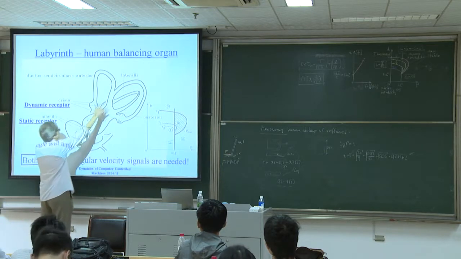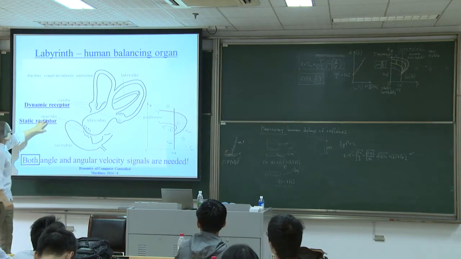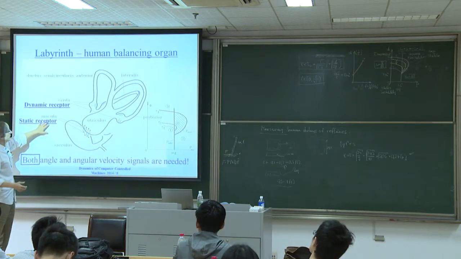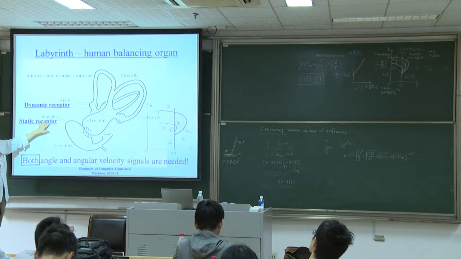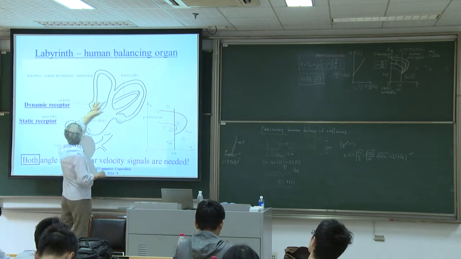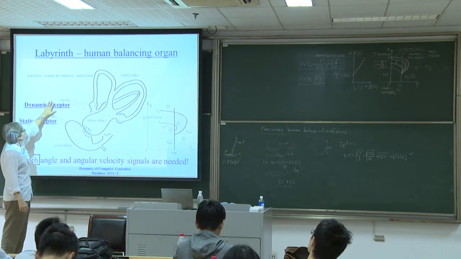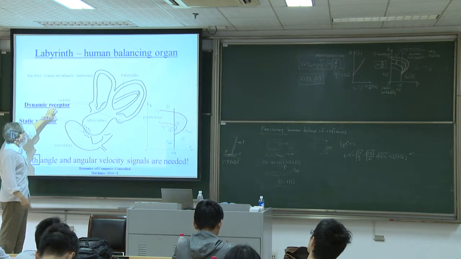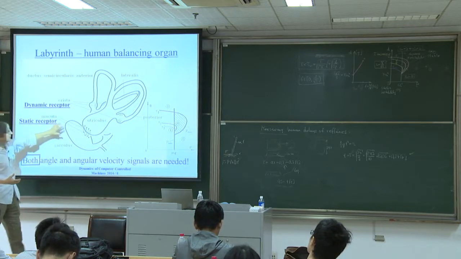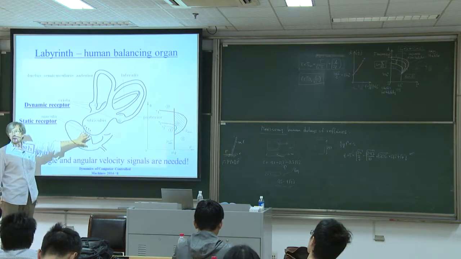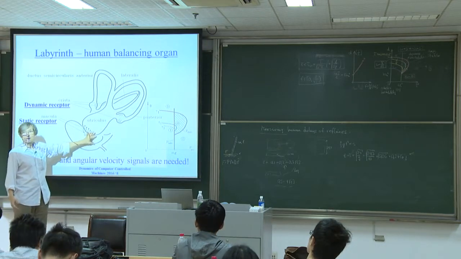And actually it has 2 parts, and in medical sciences one is called macula, and they also write in anatomy books that this is the static receptor, as they say, and these semicircular canals are called dynamic receptors, okay? And actually what we can realize is that this organ gives us the signal about the orientation of our head. This gives the angle signal.